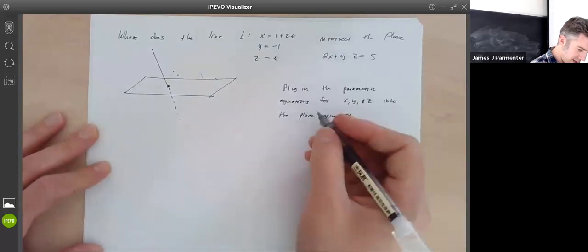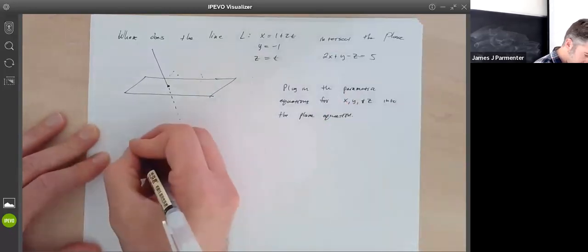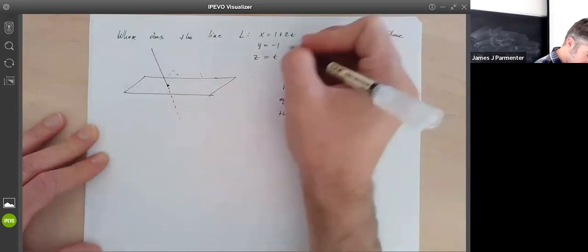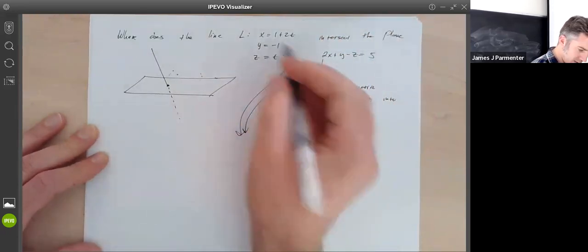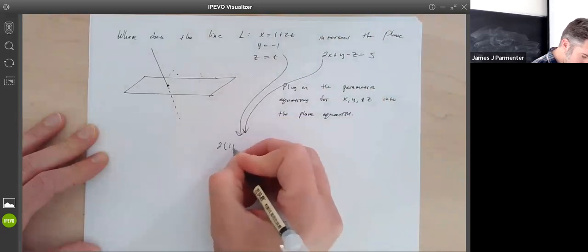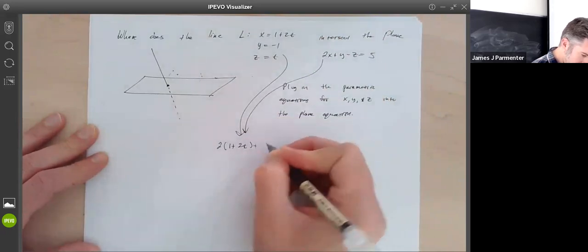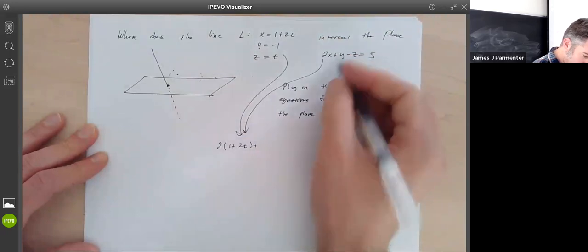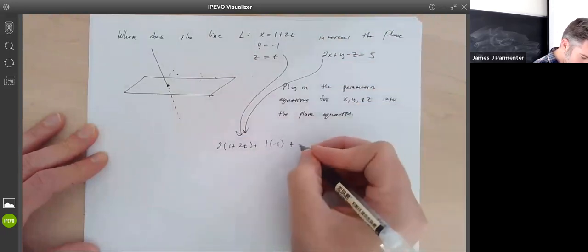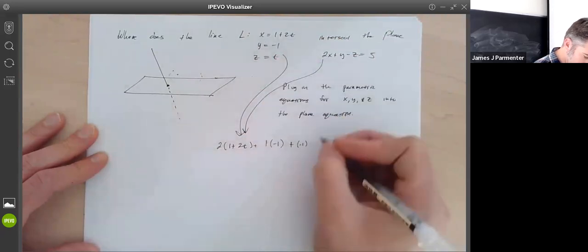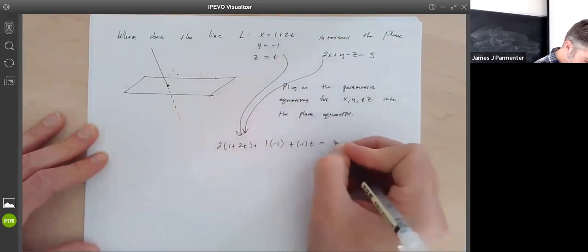Let's just put them all together over here. So we're going to get 2 times our x plus 1 times our y plus, sorry, -1 times our z, which is t, equal to 5.